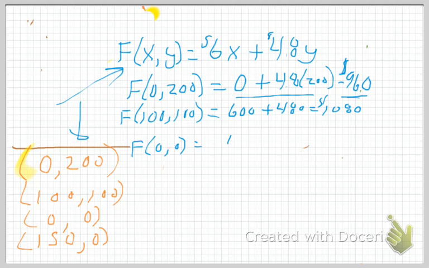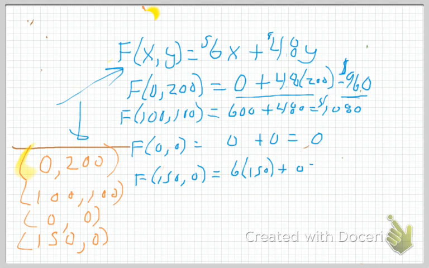Of course, if I make no large tens and I make no small tens, I make 0 money. That's pretty obvious. Then the last one's going to be if I make 150 large tens and 0 small tens. So this will be 6 times 150 plus, of course this will be 0, equals, and 6 times 150 is going to be $900.